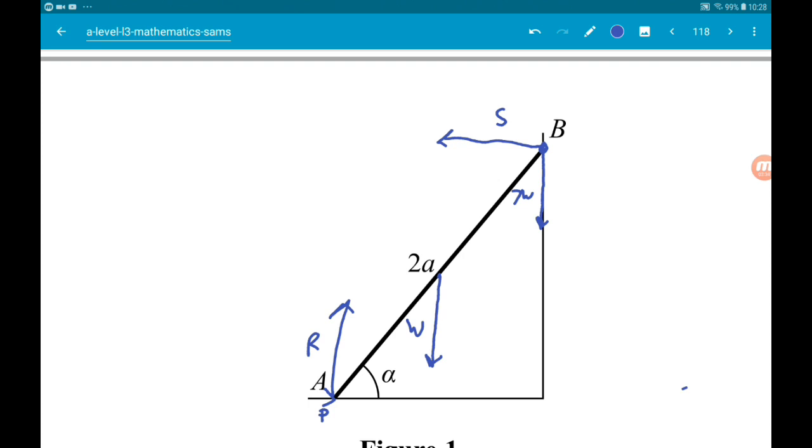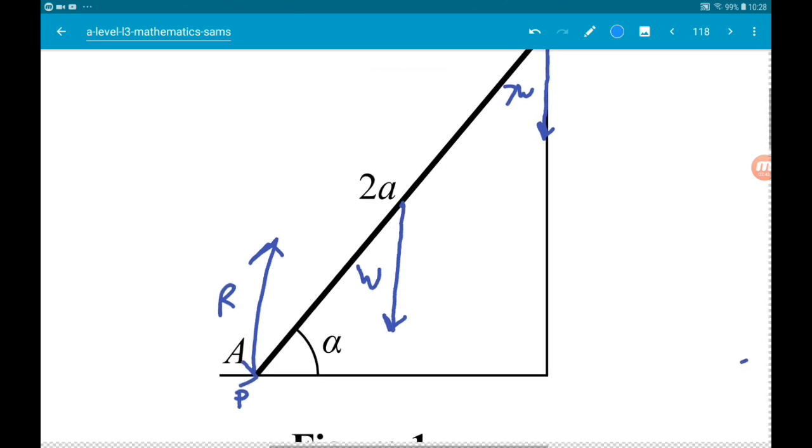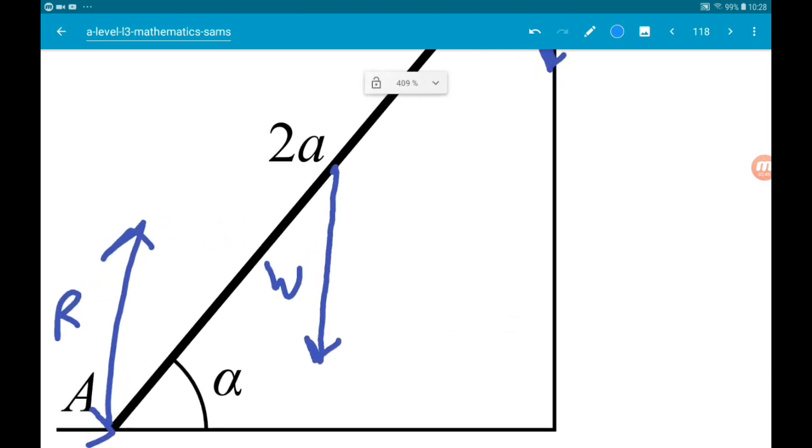So, if we work out some perpendicular forces, we know at the middle of the ladder that angle is alpha, and then just as we've done in a previous question, the perpendicular force is W cos alpha.